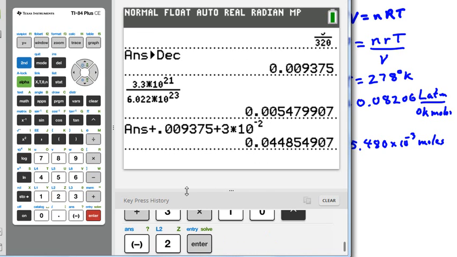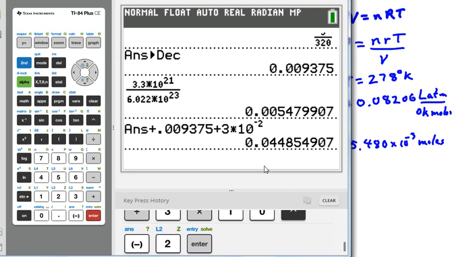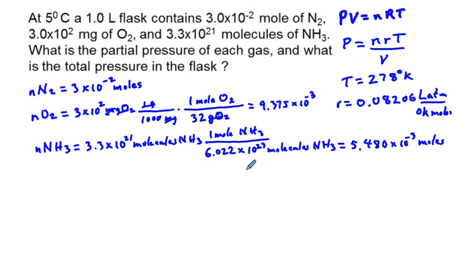And so this is going to be our total number of moles here, which is going to be 4.4855 times 10 to the negative 2 power moles. That's total moles.